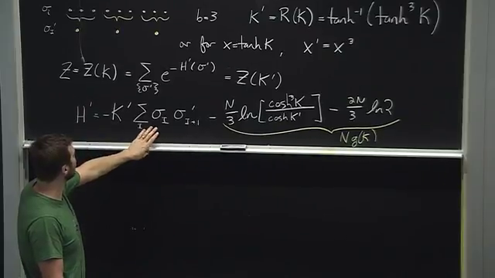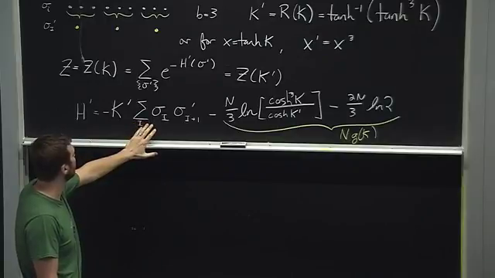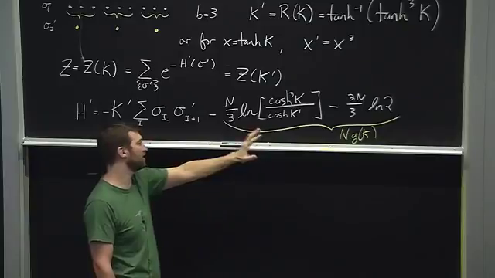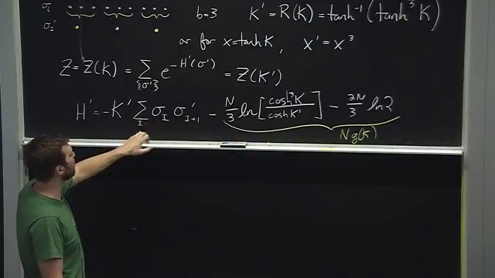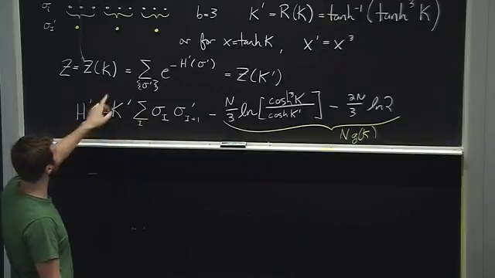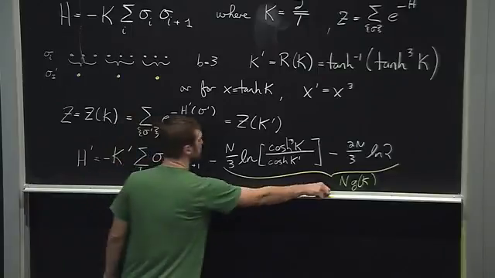And as you can see from this first part of the Hamiltonian, the H prime has, besides this, call it a constant. The first part of the Hamiltonian only depends on nearest neighbor variables in this coarse-grained picture, right?